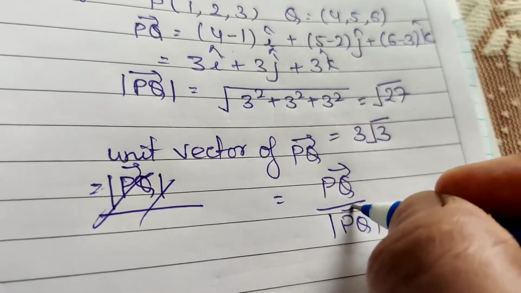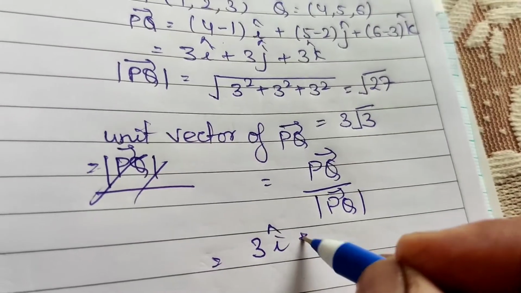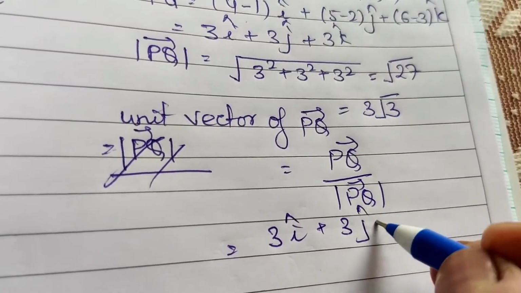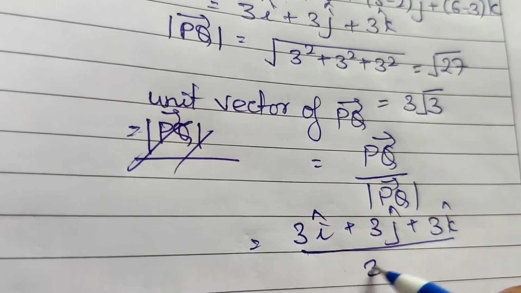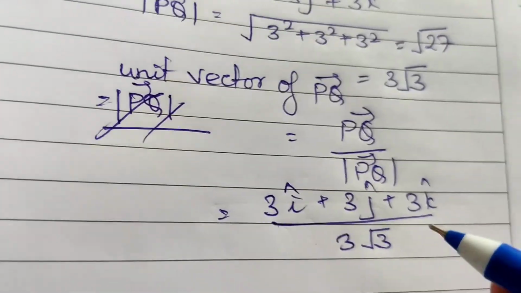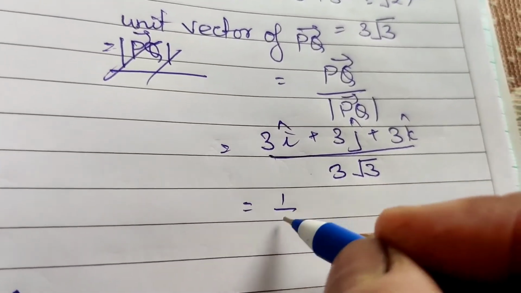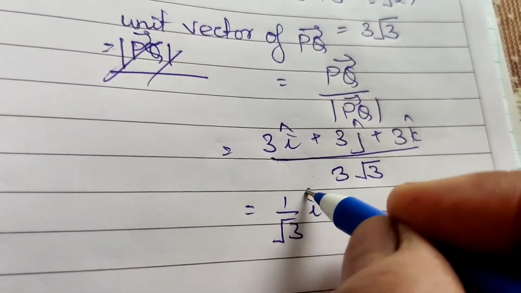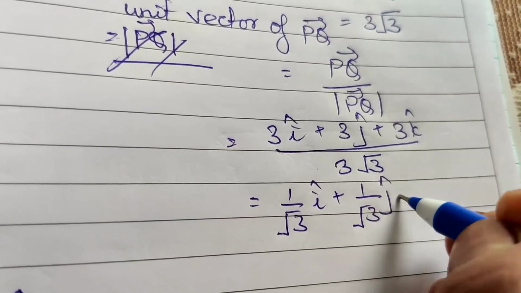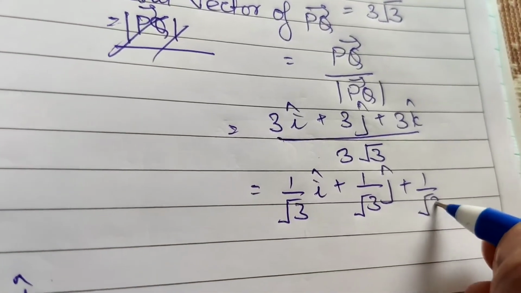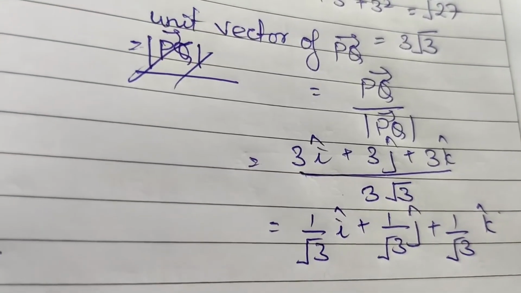Same. The vector is 3i plus 3j plus 3k. And the magnitude is 3 root 3. Now divide each component by 3 root 3. So we get 1 upon root 3 i, 1 upon root 3 j, and 1 upon root 3 k. These are the unit vector.